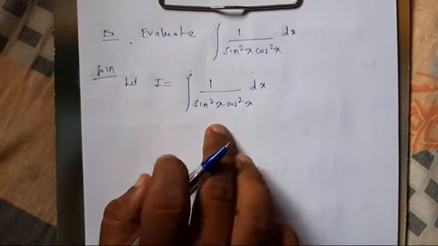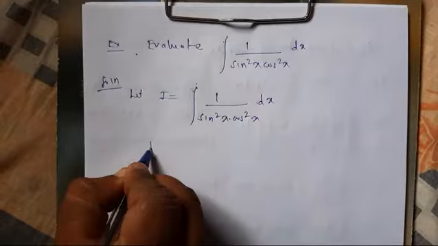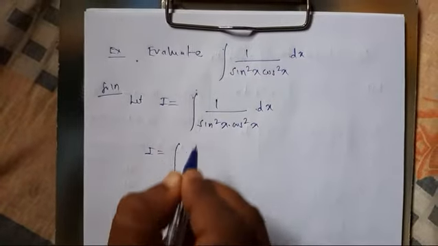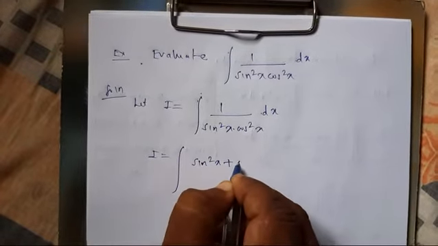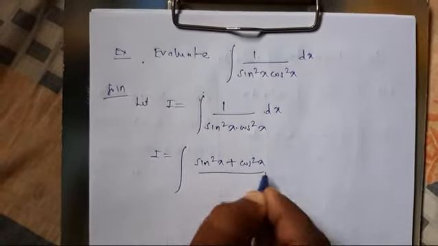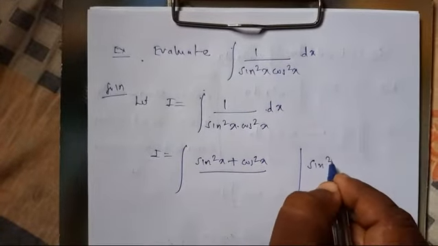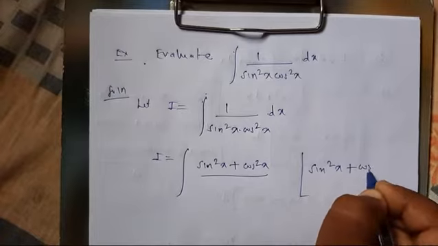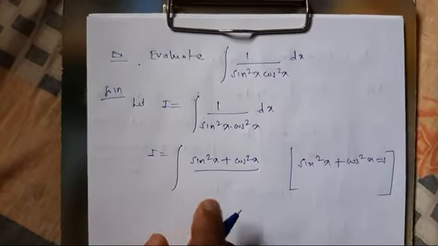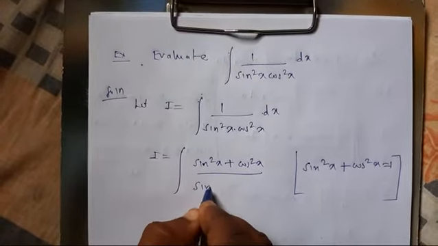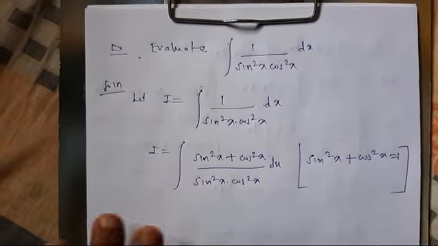So I will use trigonometric identities and first simplify this one. So I is equal to, I will write the numerator as sin square x plus cos square of x. We know that sin square of x plus cos square of x is equal to 1, divided by sin square x into cos square of x into dx.